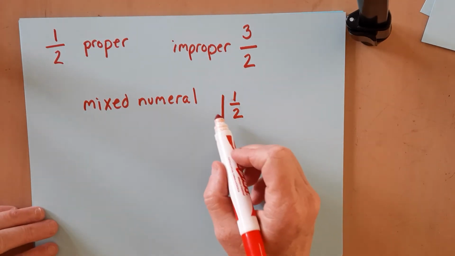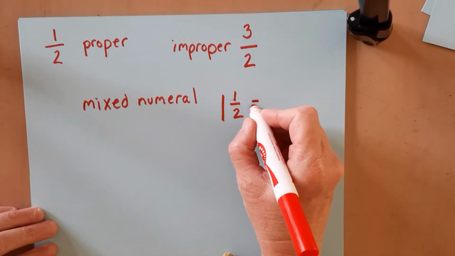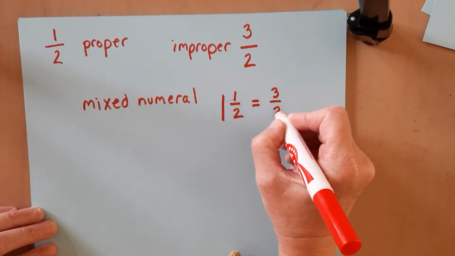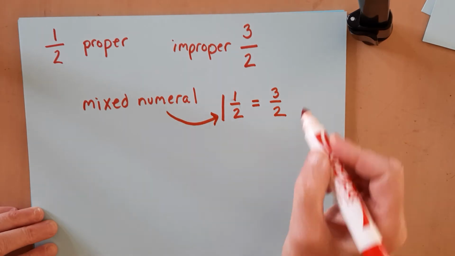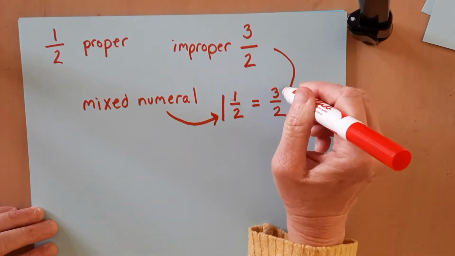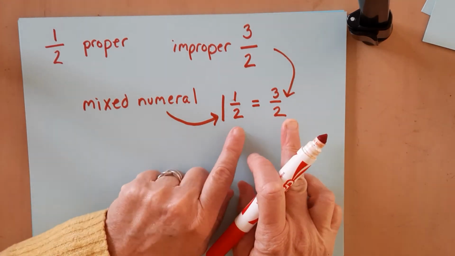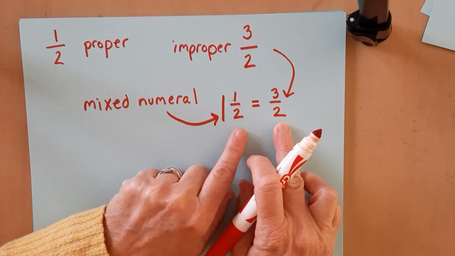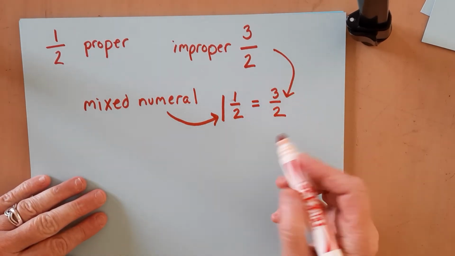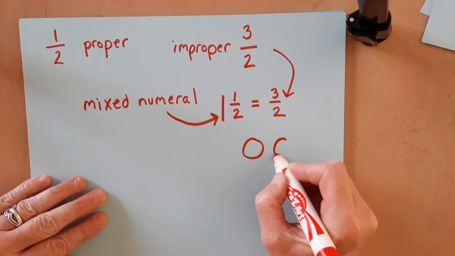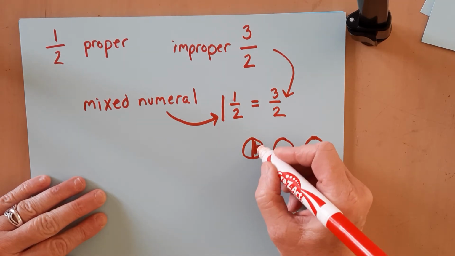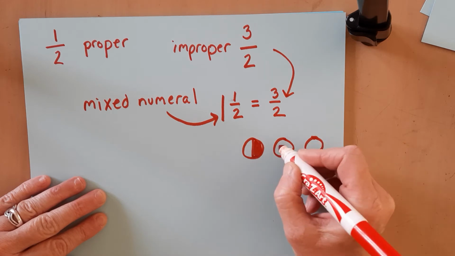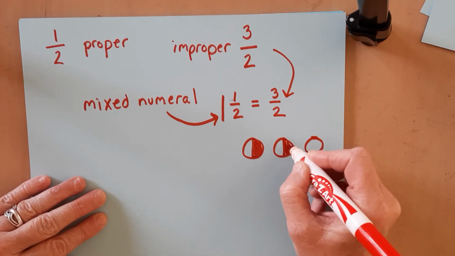It just so happens that 1 1/2 is equal to 3/2. This is the mixed numeral way of writing it, and this is the improper fraction way of writing it. These two numbers represent the same amount. So you can see, if we have 3/2, if I have 3 pies and there's only 1/2 of each of these 3 pies left. Somebody ate the other half.